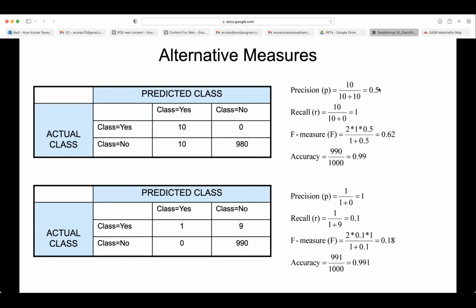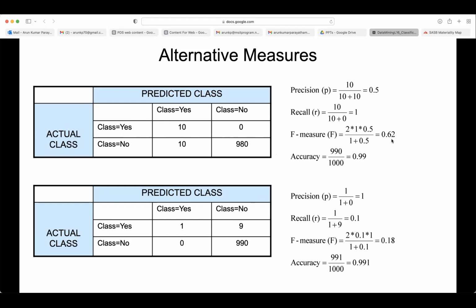That is 10 by 20, 0.5 precision. What is recall? 10 by 10. For precision, you need the column total, and for recall, the row total. For precision, the column total is 10 plus 10, that is 20. For recall, 10 plus 0, so 10 by 10 plus 0, that is 1. What is F measure? 2RP by R plus P.